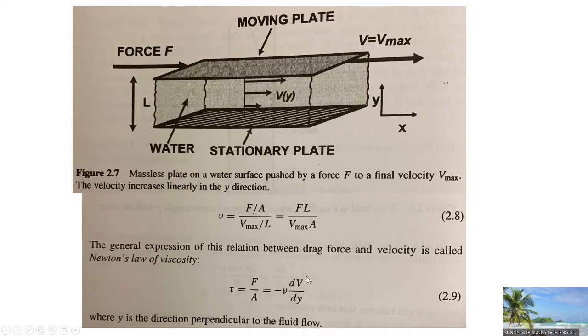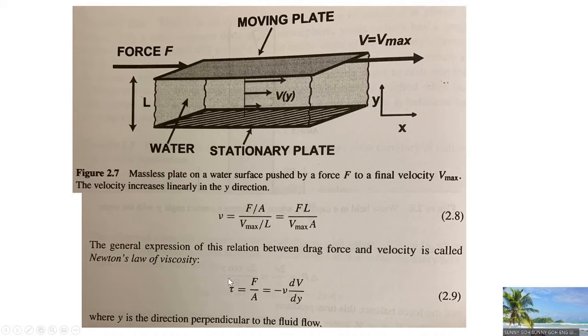So dv over dy will be proportional to the force applied on the upper plate, and the area of the plate is A. So we have a force over A, which is called the shear stress, and the velocity gradient, which is the shear rate.